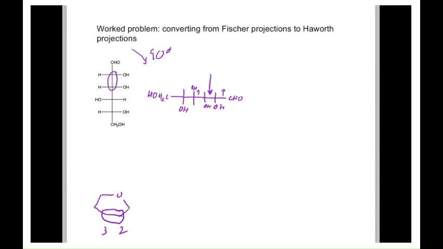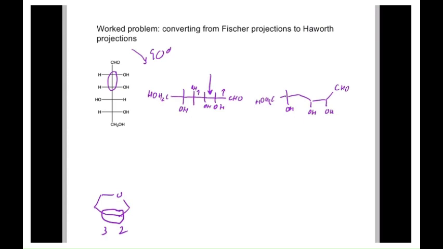So here's carbon 1, carbon 2, 3, 4, and carbons 2 and 3 had their hydroxyl groups down, and here's carbon 5, and there's carbon 6.